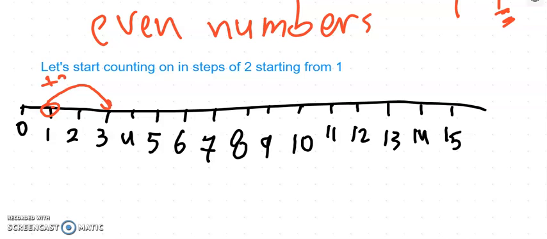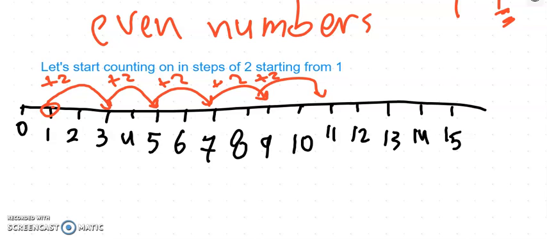Plus 2, it's 5. Then 7, then 9, then 11, then 13, then 15, and so on.